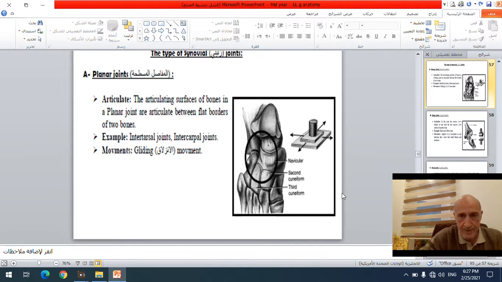Bones articulating are flat. Two flat bones, like this and this. Example, intertarsal joints, of the tarsals of the foot. The intercarpal, the same thing. The movement in it is a gliding movement.